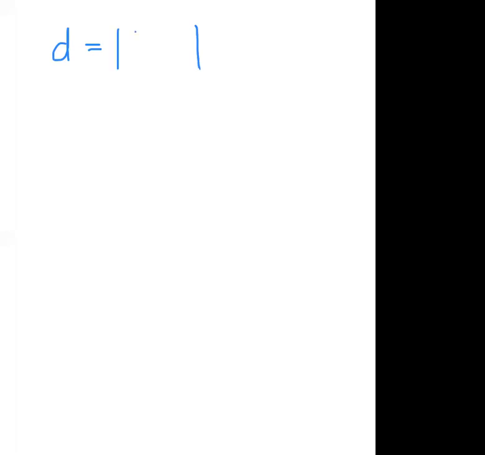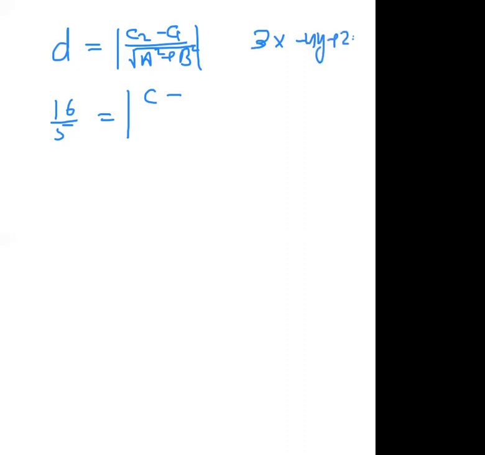Again, I need to do C2 minus C1 upon under root A square plus B square. So the distance was 16 upon 5 units, equals to mod C2 minus C1, where C1 is the value in the first equation, that is 3x minus 4y plus 2 equals to 0.